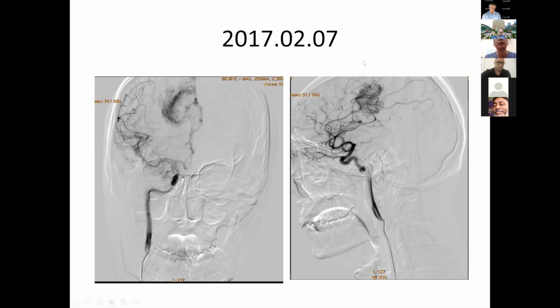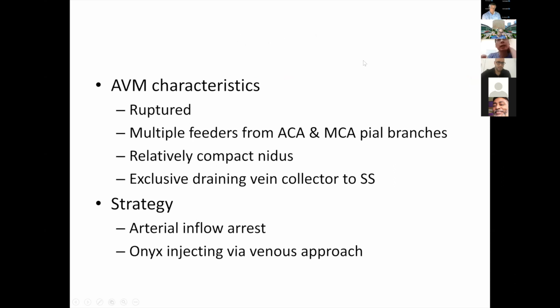As for the AVM characteristics, this is the ruptured one, with multiple feeders from ACA and MCA pial branches. For this patient, he has a relatively compact nidus. What's more, the nidus has an exclusive draining vein collector to the superior sagittal sinus.